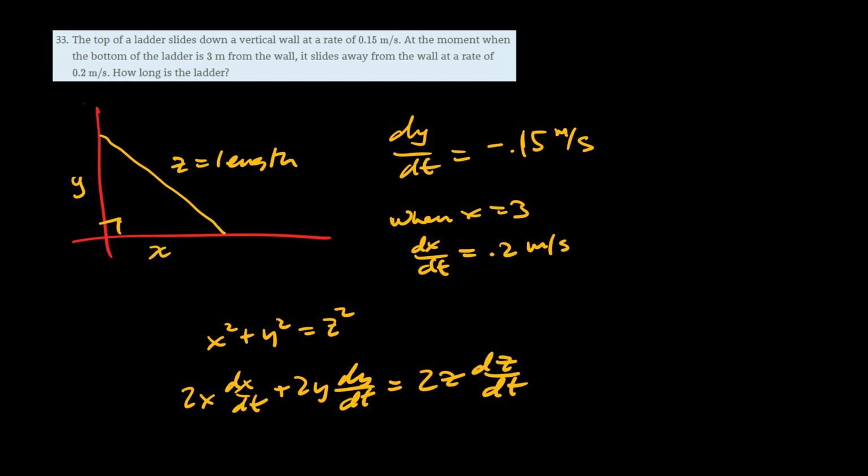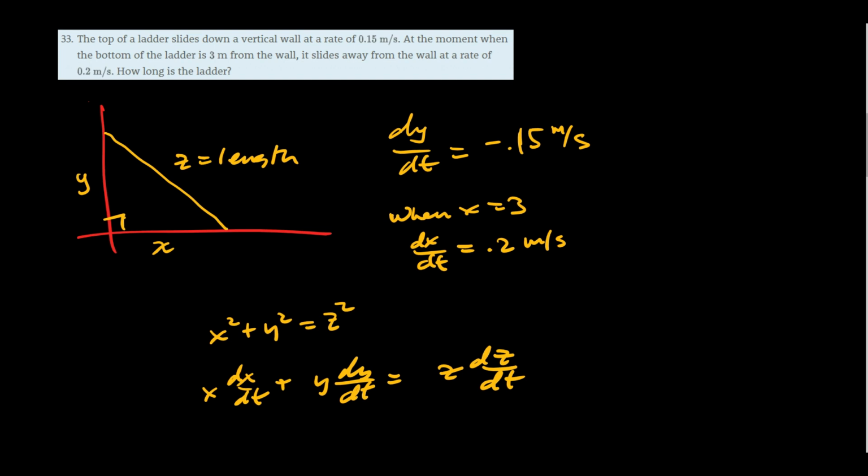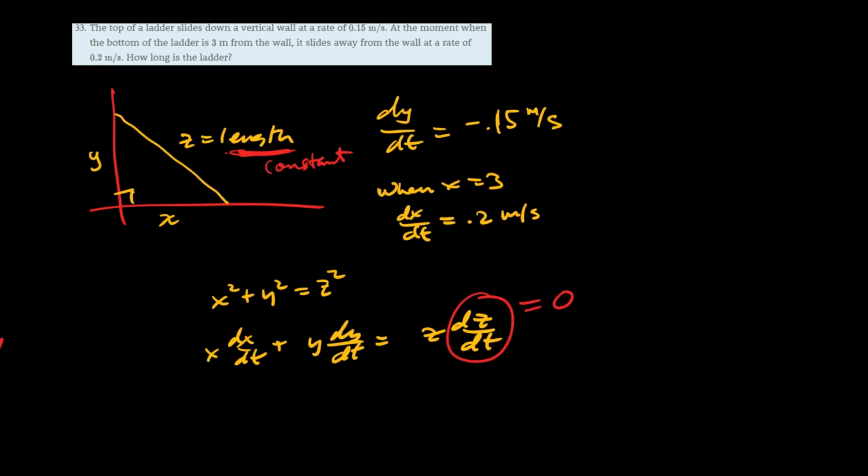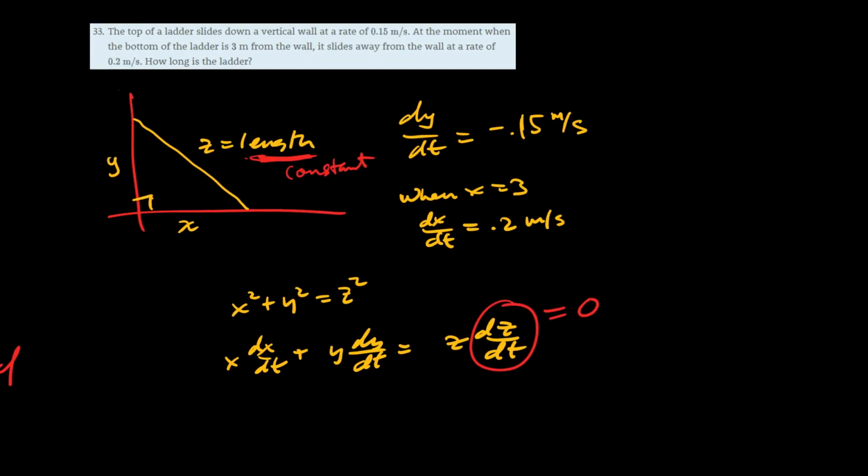And then I can cancel all the 2's out. So they're all gone. And now one thing I need to note here is that dz dt is equal to 0 because the length is constant. So this becomes much easier. We have x times dx dt plus y times dy dt equals 0.